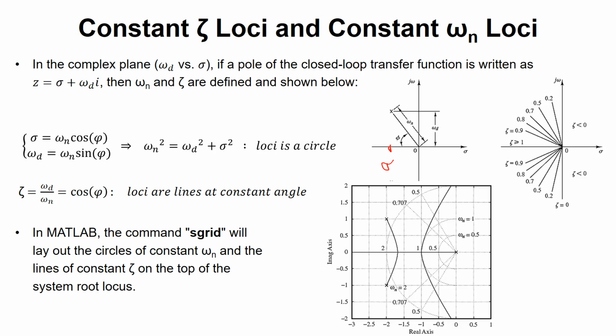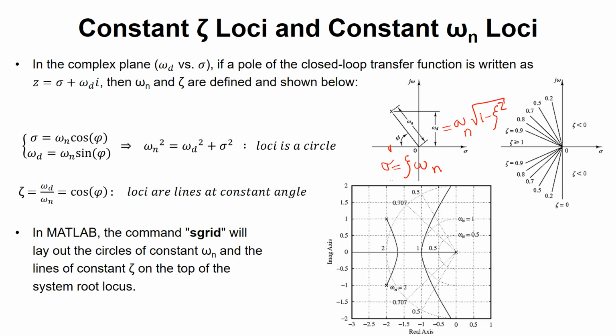Then, if you still remember, sigma was what? Let's see if anybody remembers. Yes, it was zeta omega n, and omega d, the damped natural frequency, was omega n times square root of 1 minus zeta squared, right?